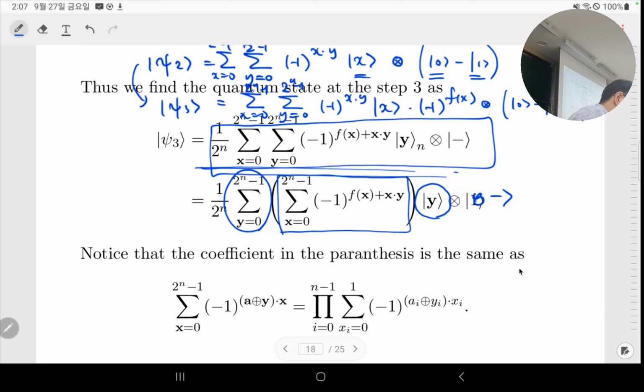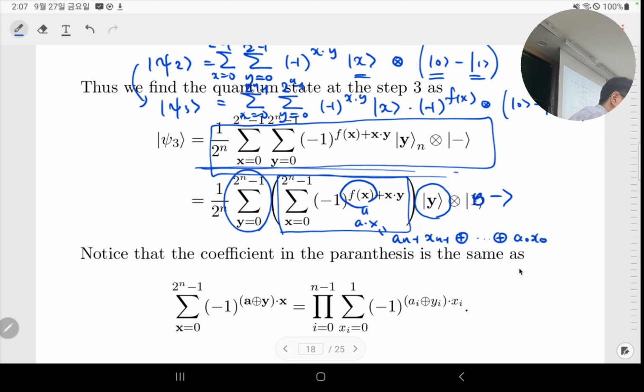And then let's think about the original definition of function f. As I said, it is given as a times x. So how is a times x defined? It's a n minus 1, x n minus 1, plus up to a0, x0.